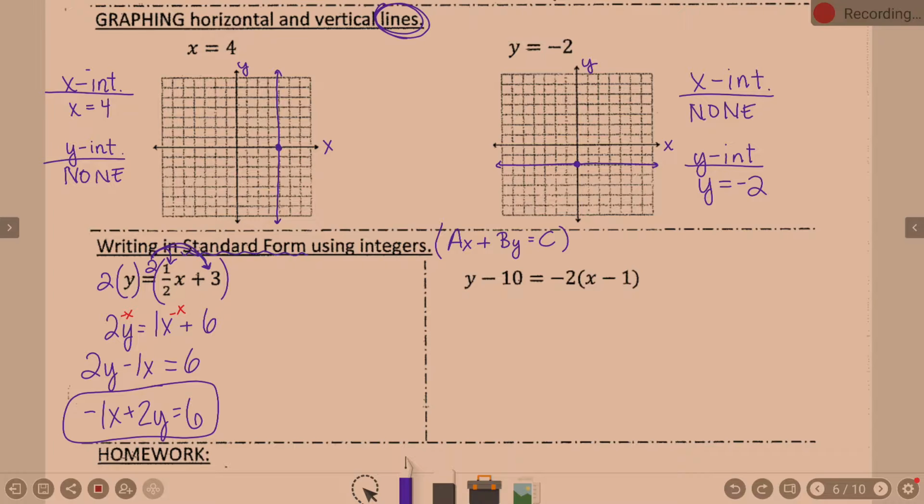I think the current book takes this. Sometimes the book doesn't always take this. The other option to consider is if you don't want a negative x, you can multiply by negative 1, basically change all your signs, and you could say positive 1x minus 2y equals negative 6. If all your signs are exactly different, that is equivalent.